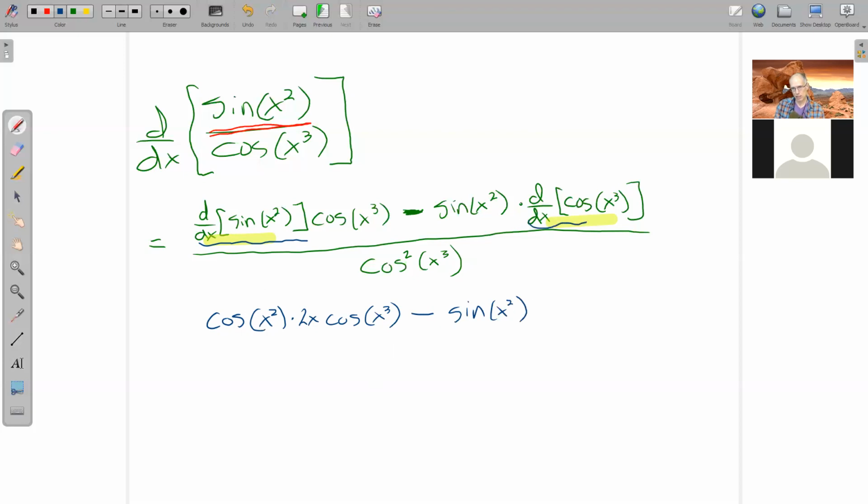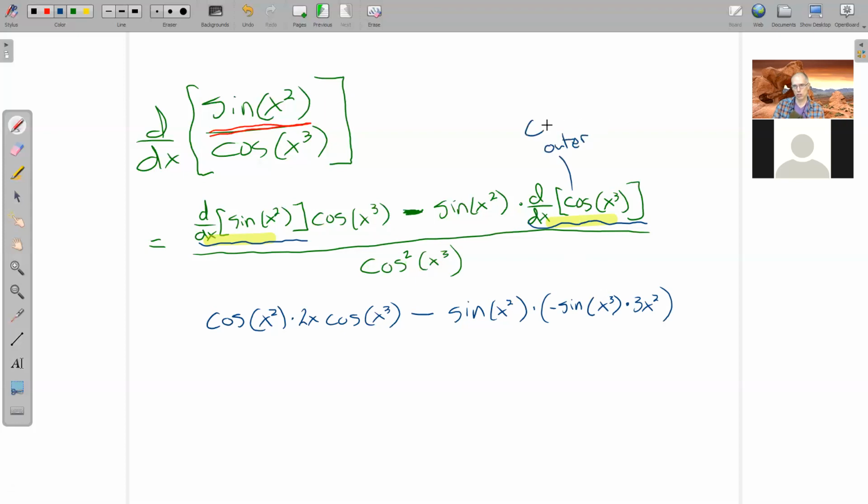And what happens next is I apply the chain rule here, and the chain rule says, take the derivative of the outer function, derivative of cosine is negative sine, leave the x cubed alone for a sec, and then multiply after by the derivative of x cubed, which is 3x squared. And so sometimes I find it helpful to get the order right here is I have to identify what is the outer function.